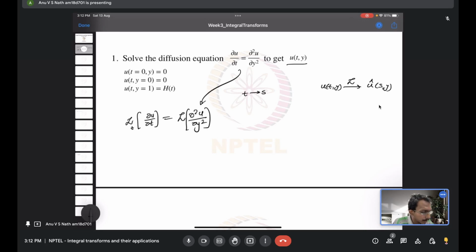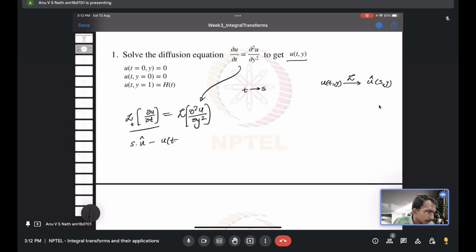Okay, so from the properties of Laplace transform, we know the Laplace transform of a derivative will be s times the Laplace transform of the function itself, that is u cap, minus the function evaluated at t equal to 0 at all y.